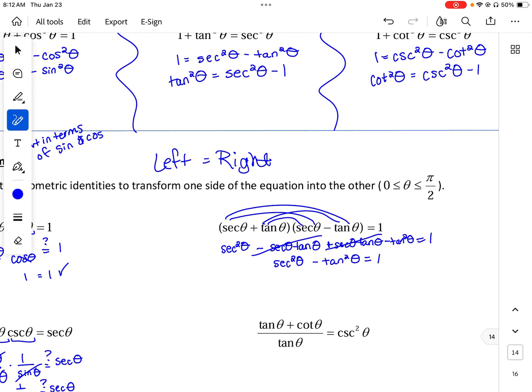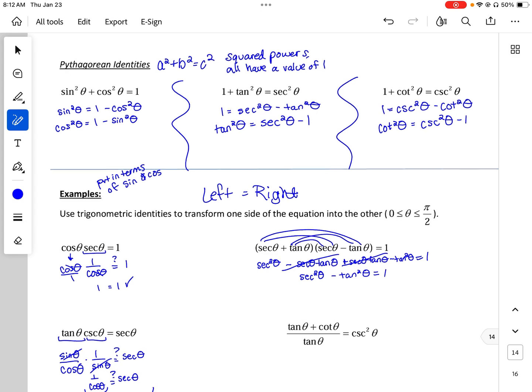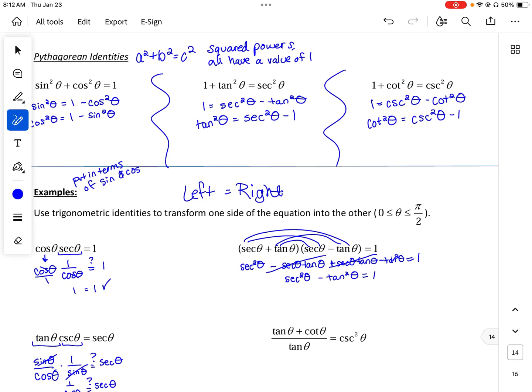Since we have a plus or minus, we are going to look at our Pythagorean identities. Oh, and also because we have the squared. So see if we have that somewhere. And we do. We have it right here. So 1 equals 1, and it is true. Oh, I should have had question marks there. Okay, so it just takes a little bit of time. You're kind of piecing together puzzle pieces.